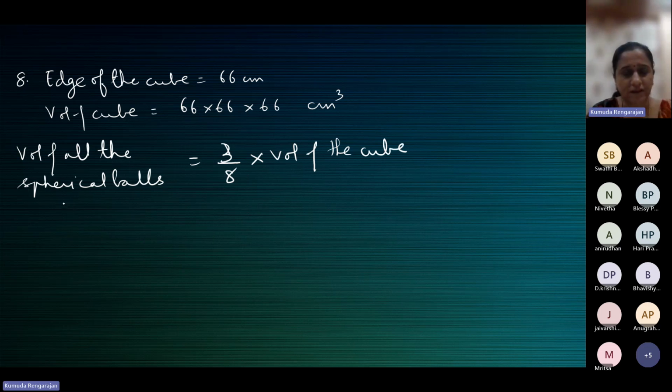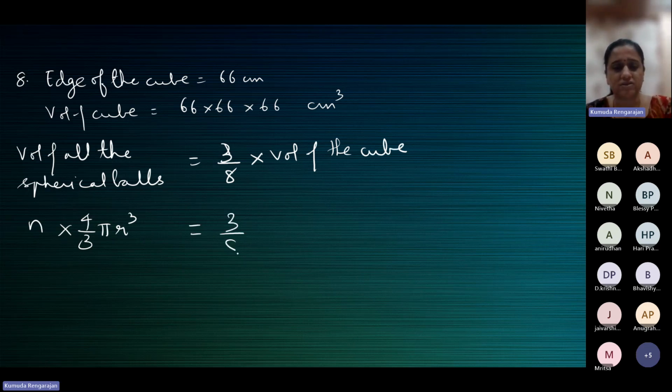So volume of all the spherical balls, one is 4/3 pi r cubed into n. 4/3 pi r cubed is the formula to find the volume of one sphere. Like that, how many spheres? N. So n into 4/3 pi r cubed is the volume of all the spherical balls. And this volume is equal to 3/8 of 66 into 66 into 66.